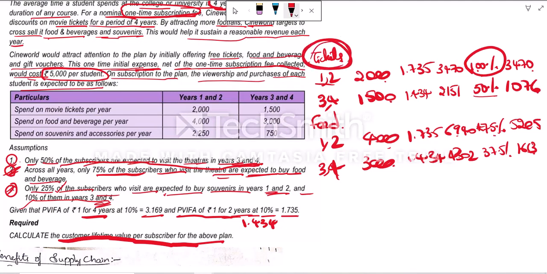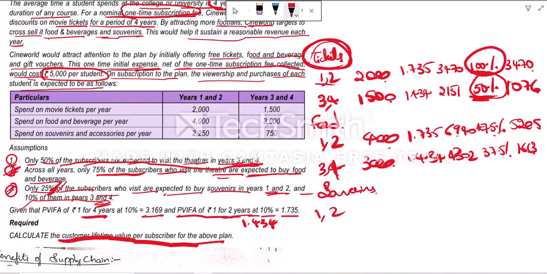For tickets that case is there; we have to calculate this 75% here and 75% here. And for 25% of subscribers, we have to calculate the 25% on the first year on 100% and in the second year on 50%. That is the better way. Next, food and souvenirs.